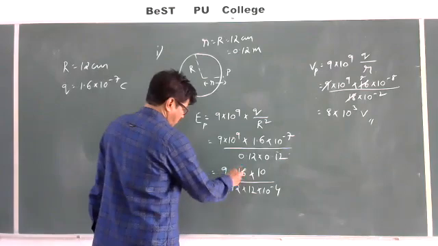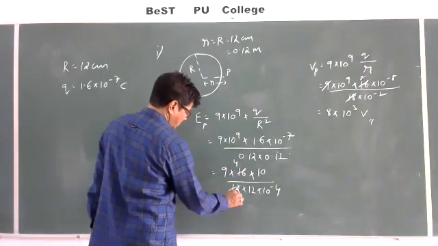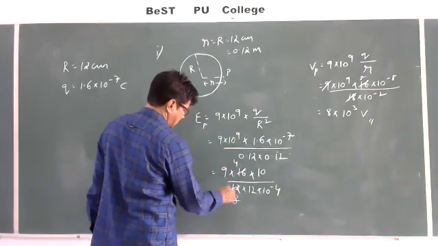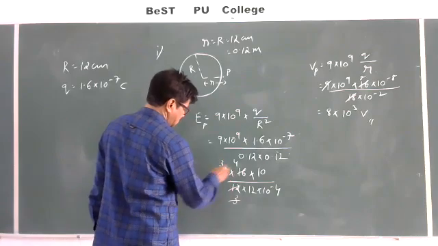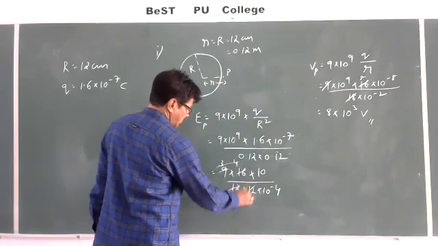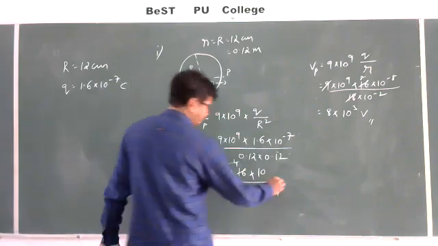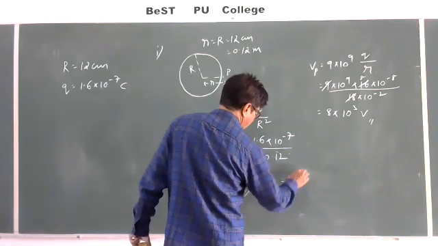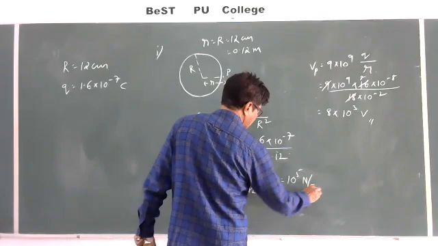Now 4 fours, 4 threes, 3 ones, 3 threes, 12, 12. So finally 10 to the power of 5 Newton per Coulomb.